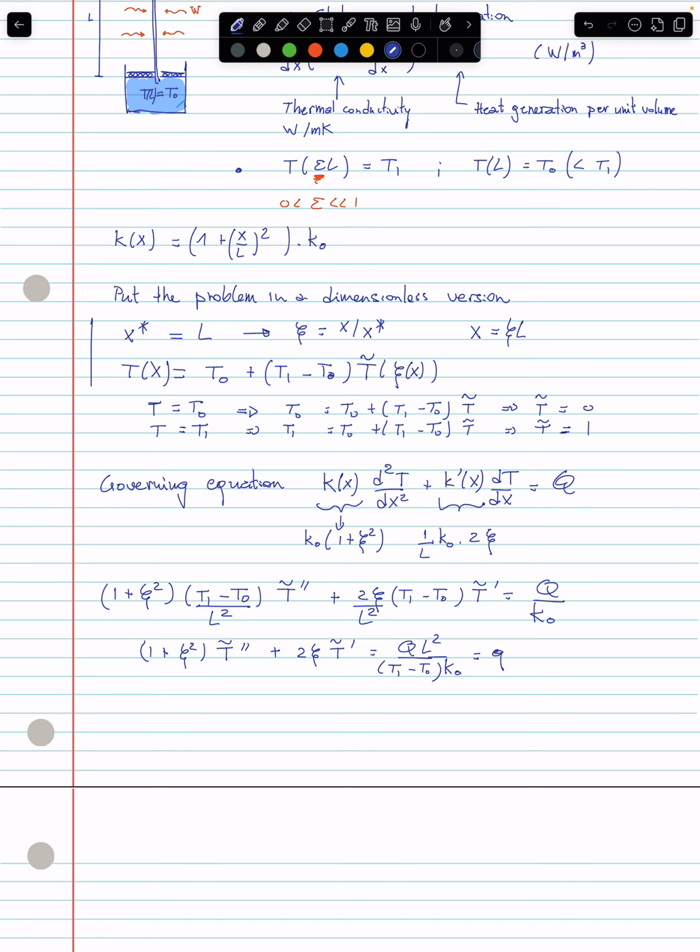And we can call this quantity q. All right, so the problem we want to solve is nothing but that equation here.